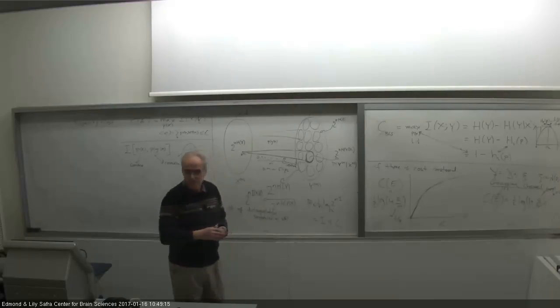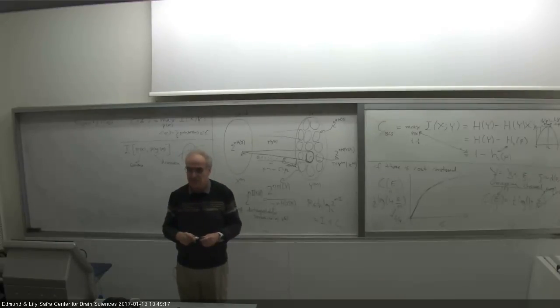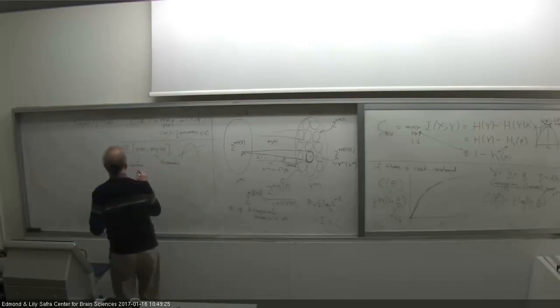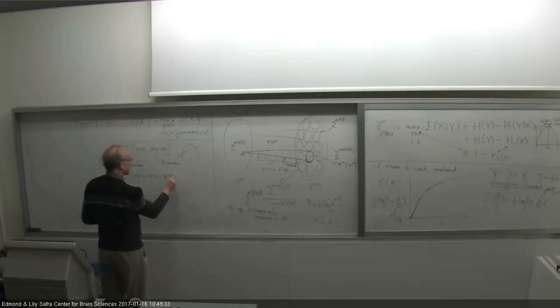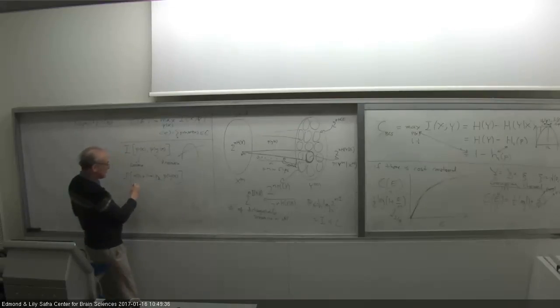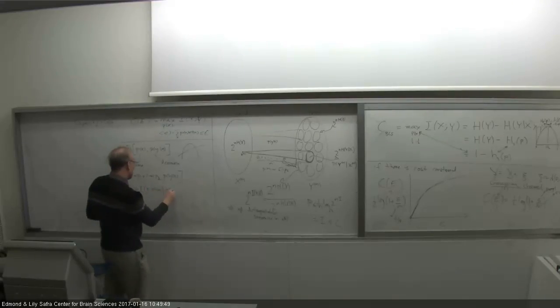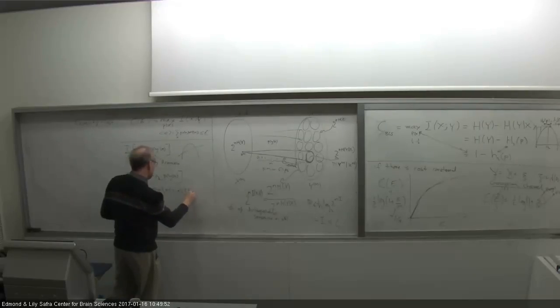You mean that the mass of this is quantum because this couldn't be quantum because it's not quantum. Why not? So when I say that it's concave, it means that I of some alpha p1 plus 1 minus alpha p2, for any given p of y given x, so the channel is given, has a maximum, which means the function is larger than alpha I of p1, p of y given x, plus 1 minus alpha I of p2.